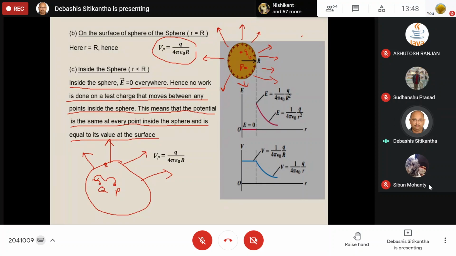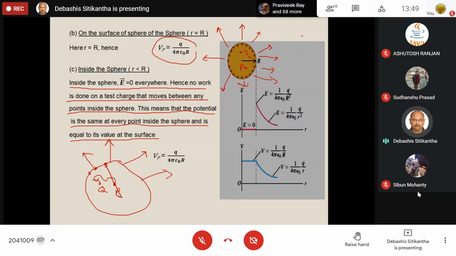Why? Because it is getting affected by the surface, by every point on the surface. It doesn't matter whether it is over here, here, or anywhere. These contributions do get added up, because potential is not a vector quantity.